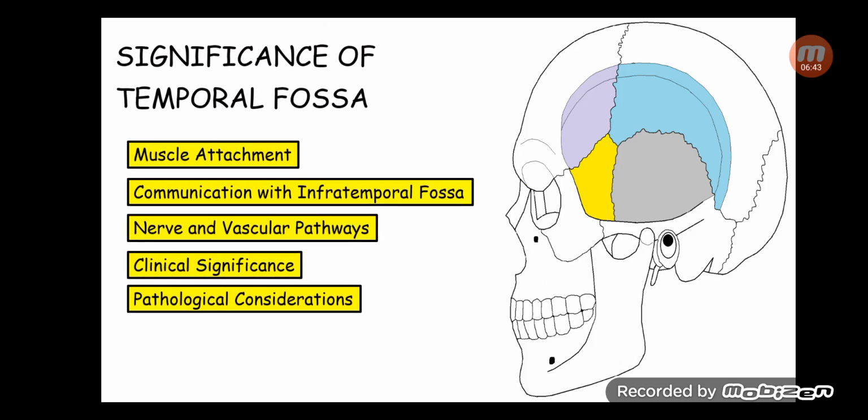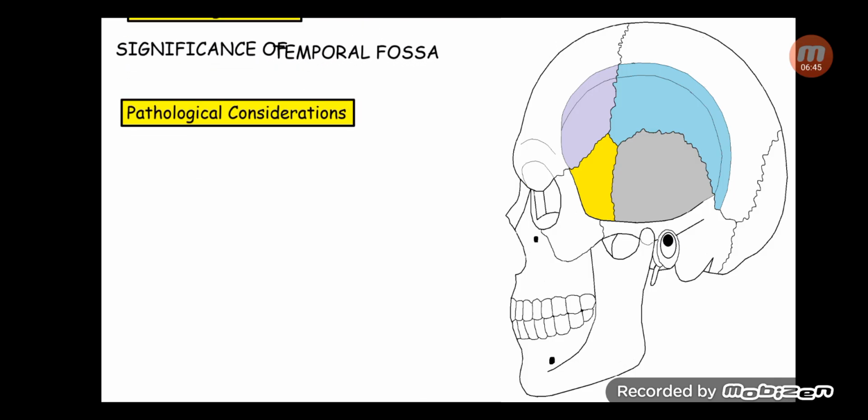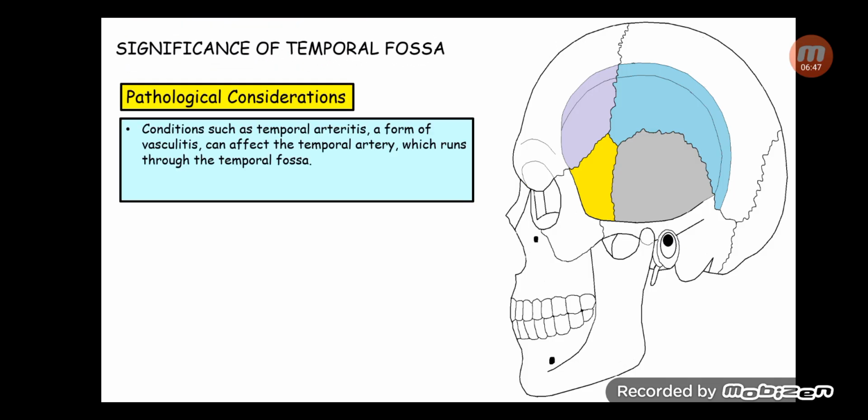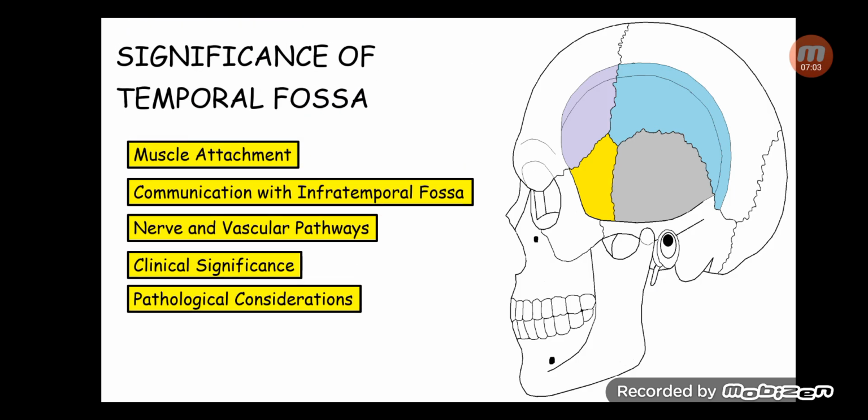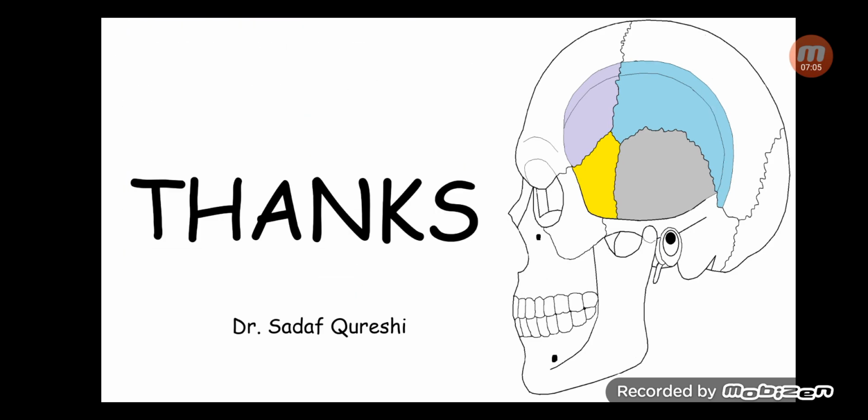The next significance is pathological considerations. Conditions such as temporal arteritis, a form of vasculitis, can affect the temporal artery, which runs through the temporal fossa. Early detection and treatment of such conditions are crucial to prevent serious complications. So this was all about the significance of the temporal fossa, and this was all about the temporal fossa.